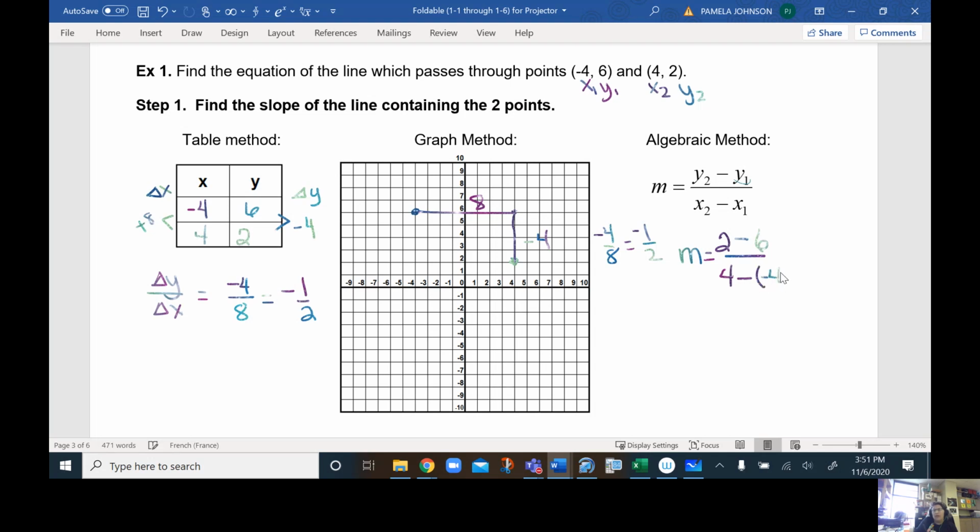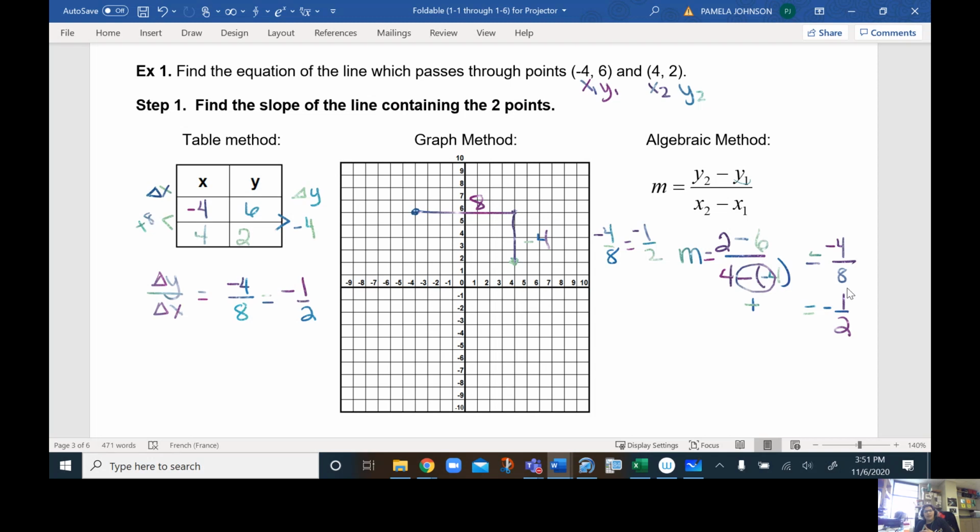So this minus is part of the formula. This negative is part of the point. And remember, minus a negative means that we're actually going to add them together. So 2 minus 6 is negative 4. 4 plus 4 is 8. And that simplifies to negative 1/2.